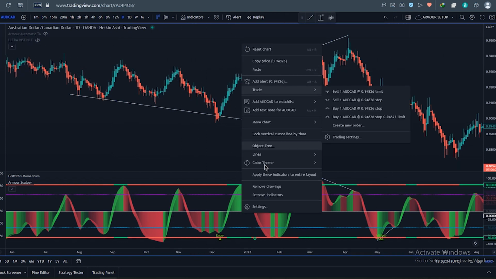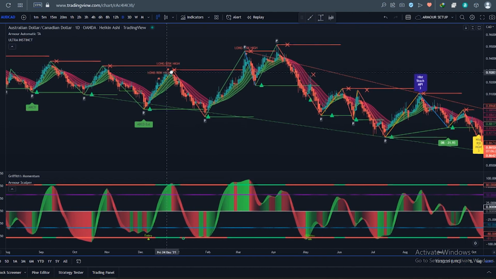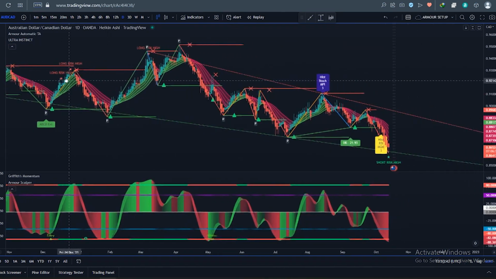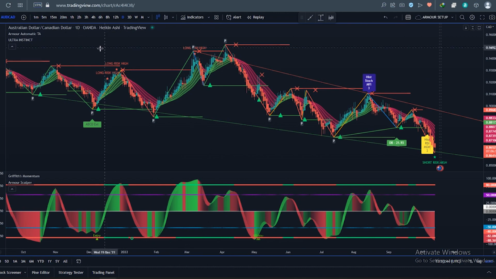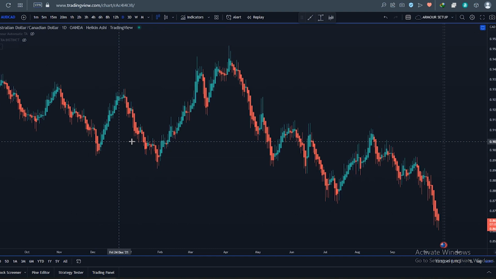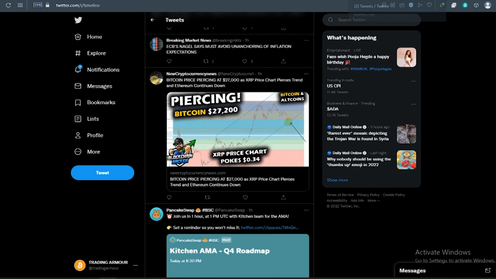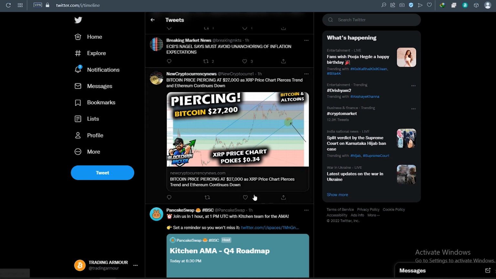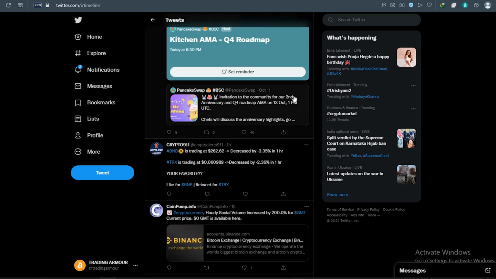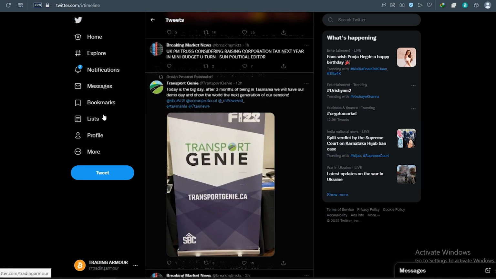That's pretty much it about the scalper and the automatic TA. It works great. No need to panic, no need to ask anyone. Look, what will happen if I disable all? You don't have Armor anymore. Otherwise you go on Facebook or Twitter and find inaccurate signals, and then you start trading.